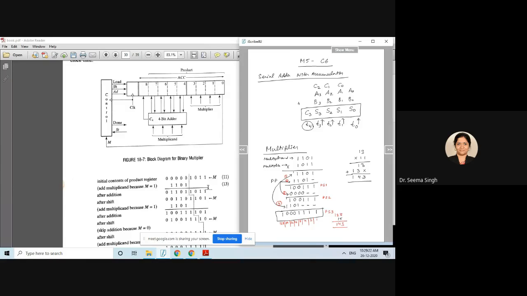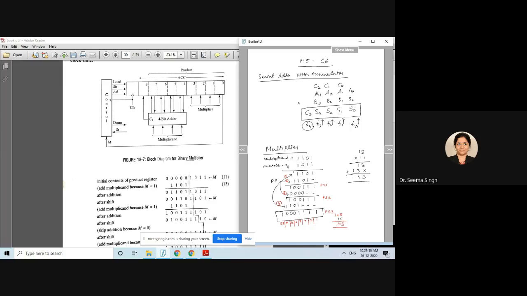It is the same. So 1101 and 1011, after addition, are kept like this. After that, when your control circuit says load, it loads the LSBs with multiplier 4 to 8 as 0, 0, and the multiplicand is also loaded here. So after addition, you get this answer.